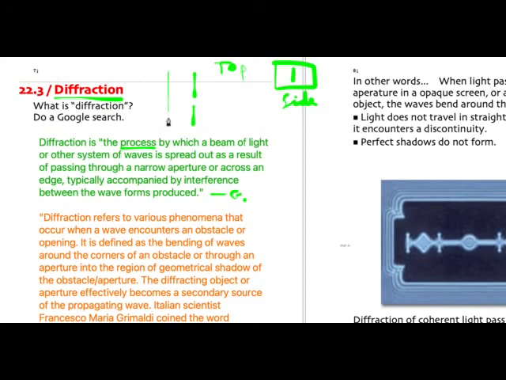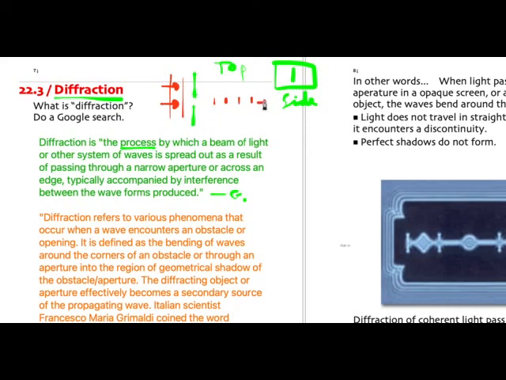Now suppose you have waves hitting this aperture. So let's put the wave fronts in red. So here are some wave fronts approaching this screen. Now, what are we going to get on the other side of the screen? Well, you might say, well, the screen casts a shadow. So over here you'll have a wave that just is the same width as the width of the slit.